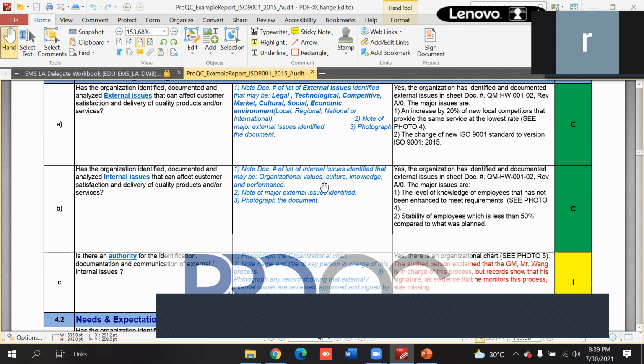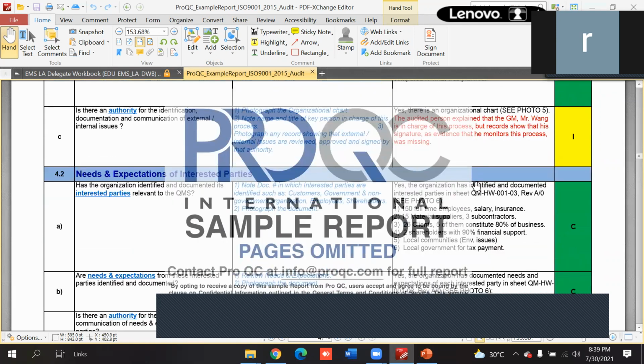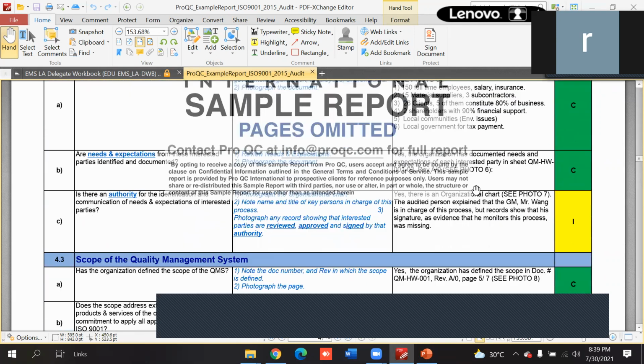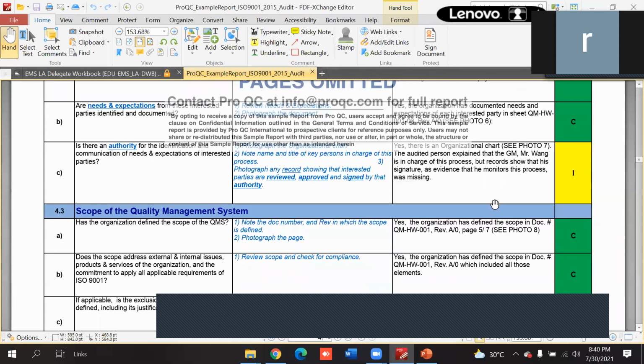Identify internal issues, also they have a document, documented reviews. Let's say needs and expectations. They check based on three items: document review, interview, and inspection.